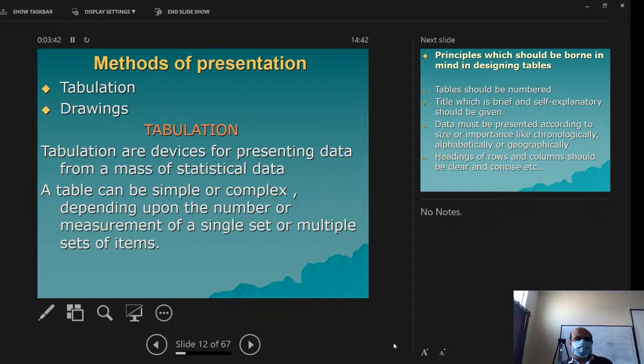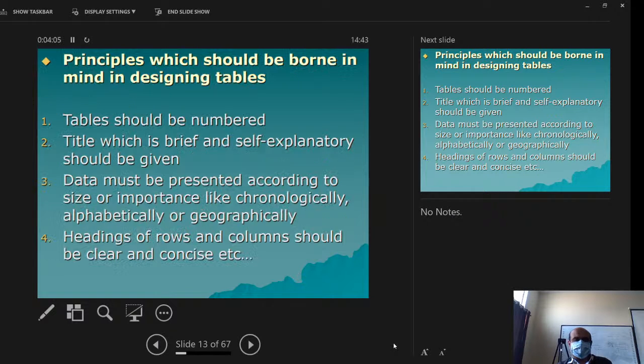The methods of presentation are tabulation and drawings. Tabulation is a device for presenting mass statistical data. A table can be simple or complex, depending upon the number of measurements of a single set or multiple sets of items.